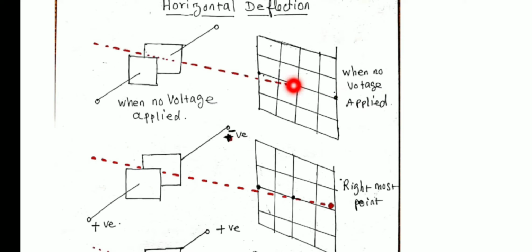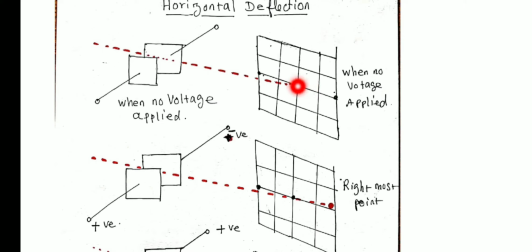Now our requirement is exactly we have to move the luminous spot from the center towards the left direction, and when it reaches the left extreme point, again it has to come towards the center, and now it has to move towards the right extreme point, and it has to come back to the center, right?